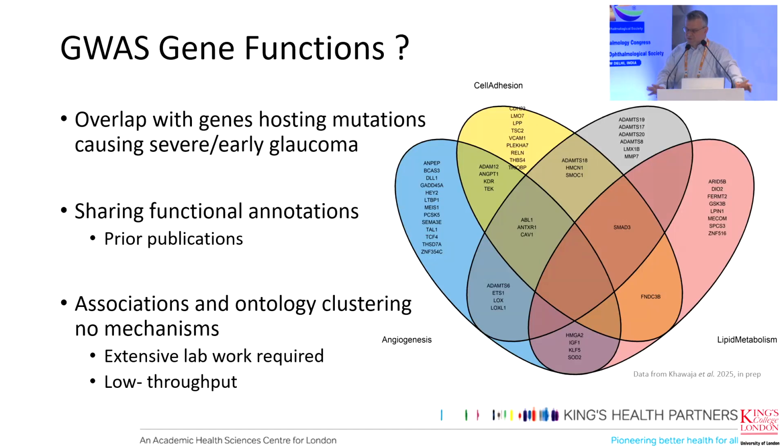Just to cite a few random annotation labels, angiogenesis, cell adhesion, extracellular matrix, lipid metabolism, and much more are overrepresented among the top GWAS hits. But we know very little about how those genes link together in a coherent cascade to actually elevate IOP and cause myopia, or conversely to contribute to good health in the eye.